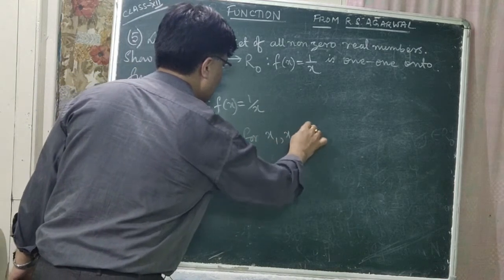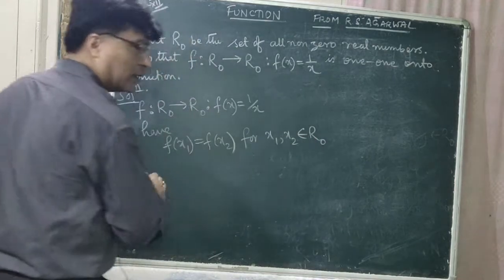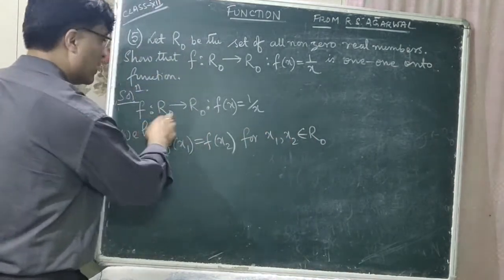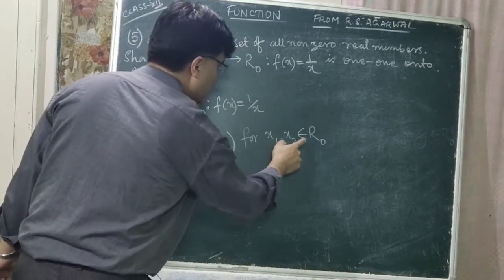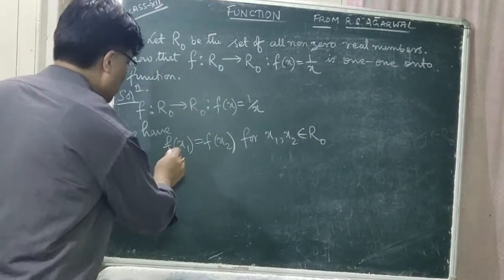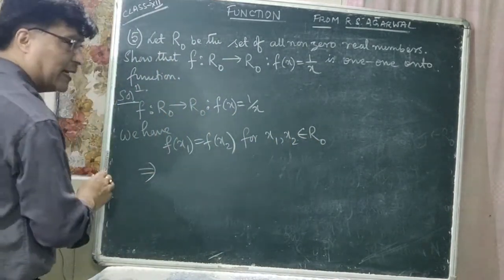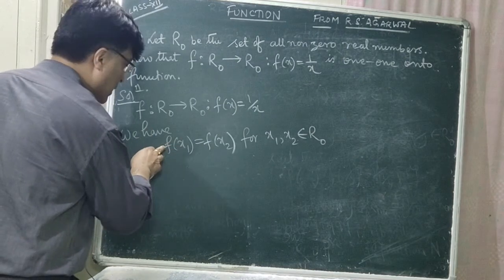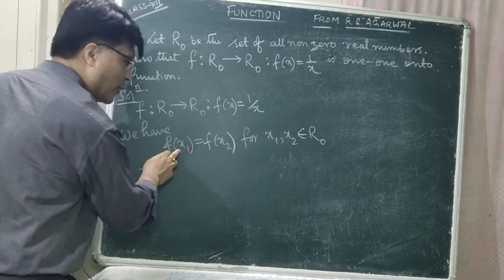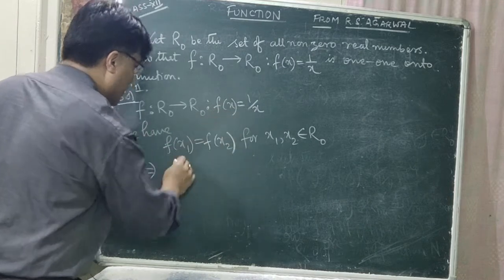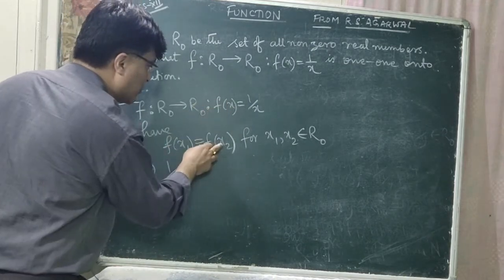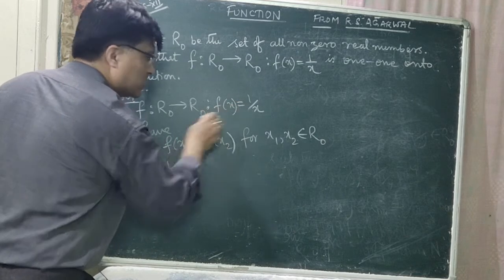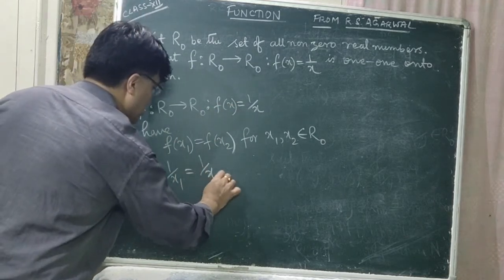x1, x2 belongs to R naught, isn't it? Which implies that if you put x1, the value for f of x1 is 1 upon x1, which is equal to f of x2, that is 1 upon x2.